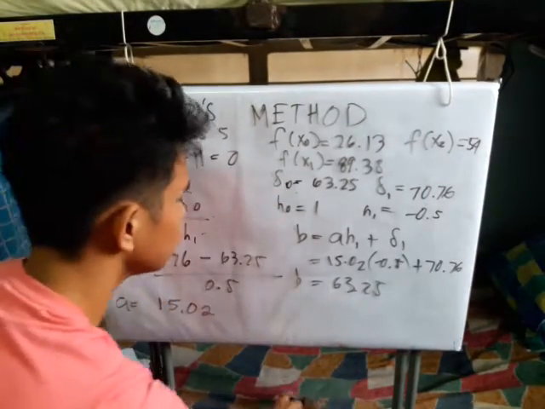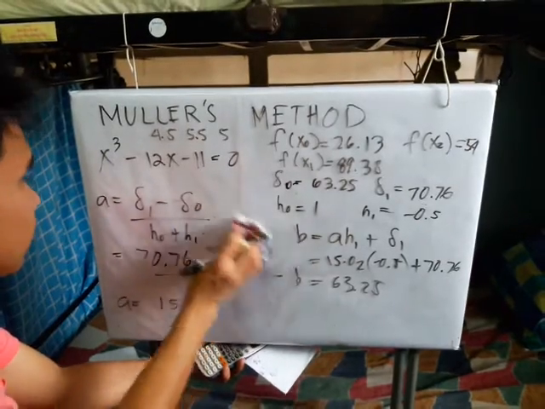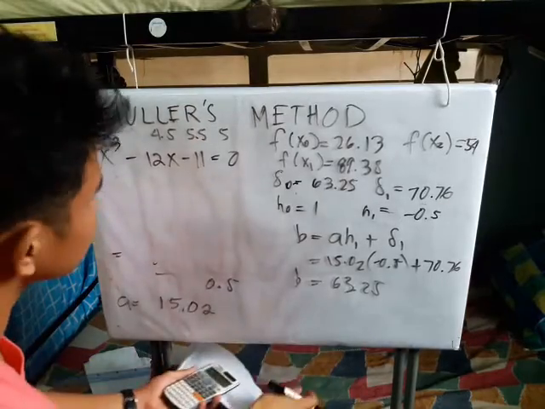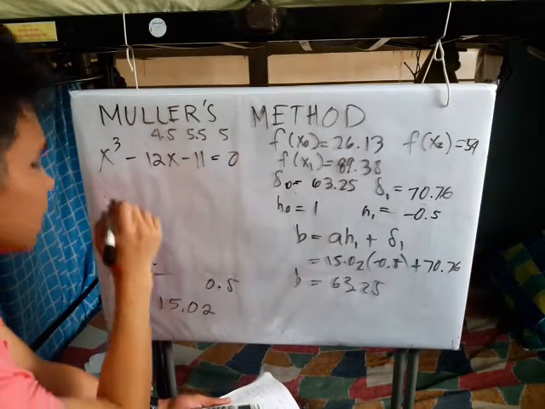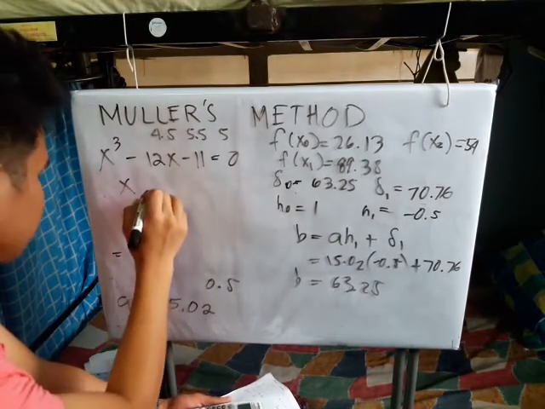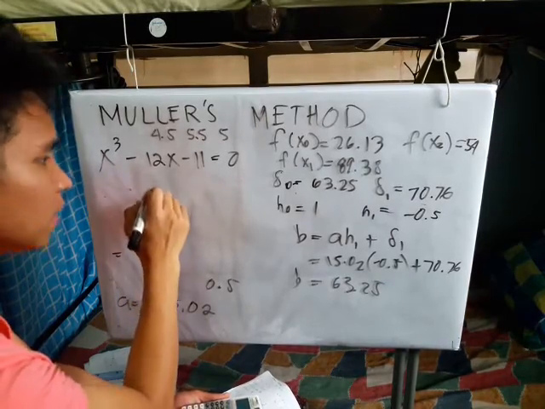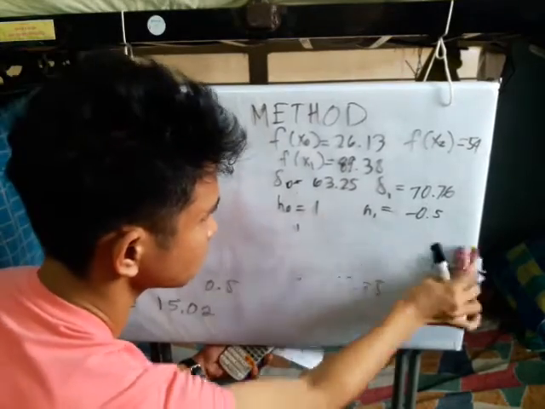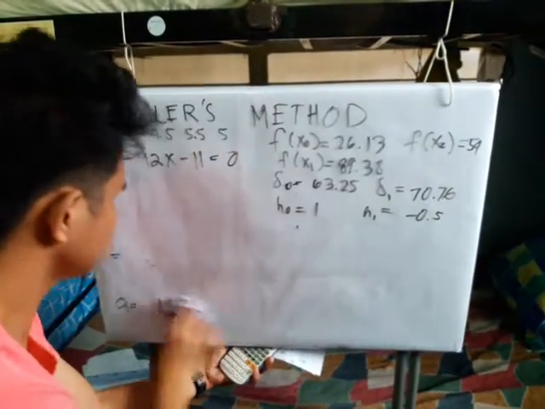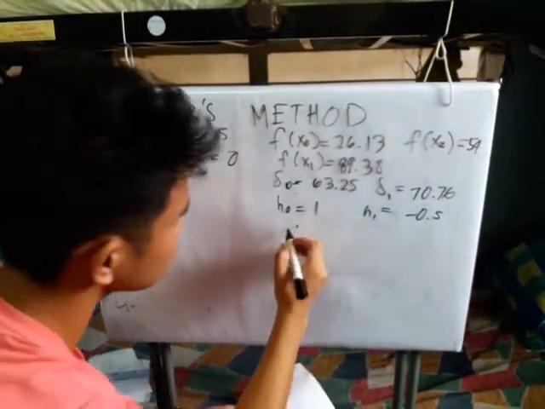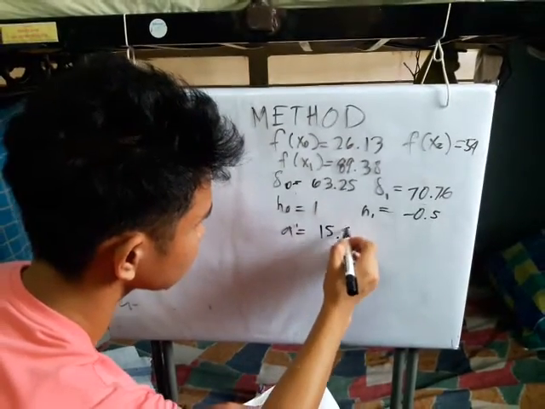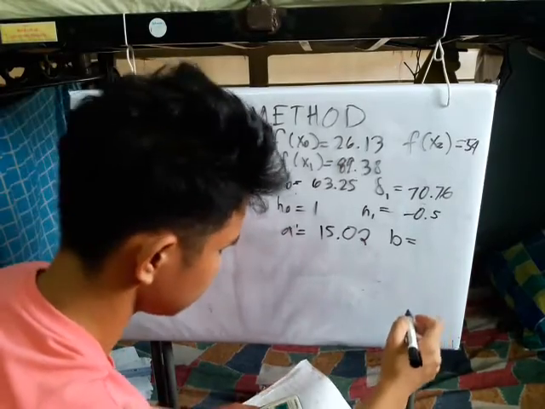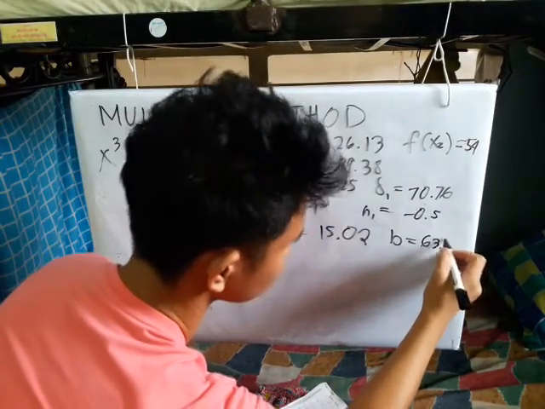So we can find now the value of x3, which is the next x2 for the second iteration. A is equal to 15.02 and b is equal to 63.25.